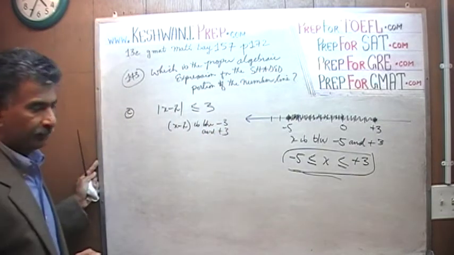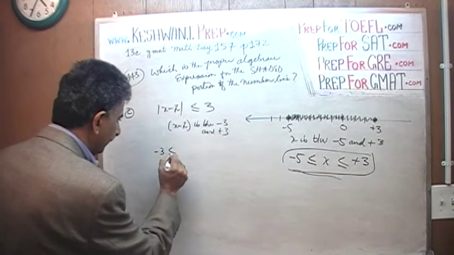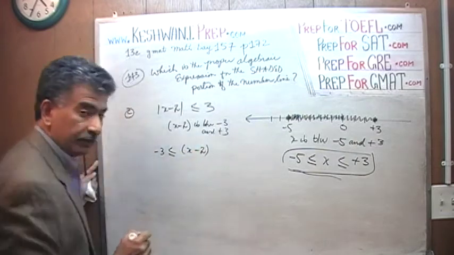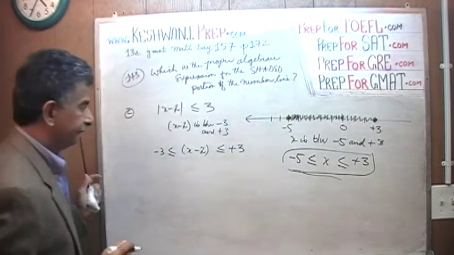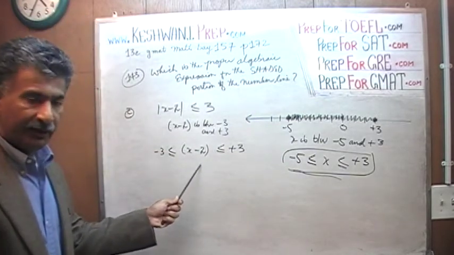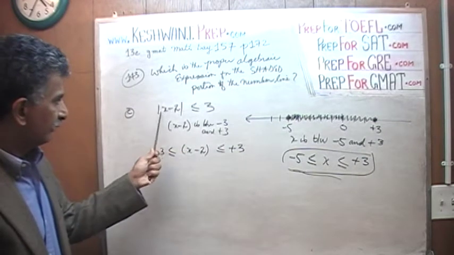And how do we write it? Like this. It has to be greater than or equal to negative 3, and less than or equal to positive 3. That's what this tells us. X minus 2, whatever this quantity is, has to fall between negative 3 and positive 3. That's what absolute value means.